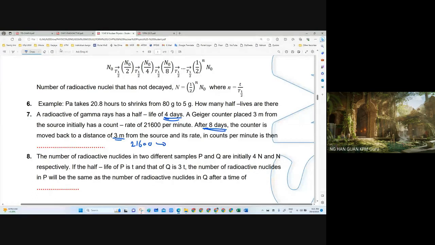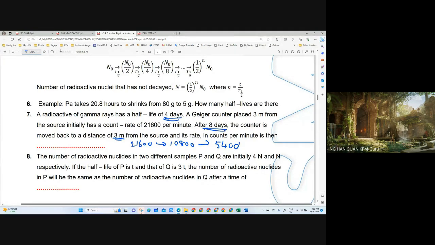1 half-life, it will be divided by 2, so it will be 10,800. And then another half-life, 10,800 divided by 2, so the answer will be 5,400 count per minute.